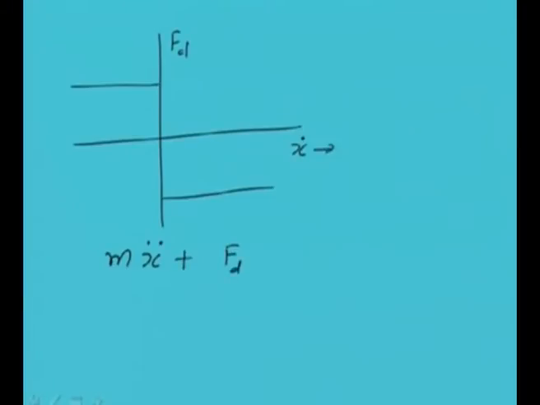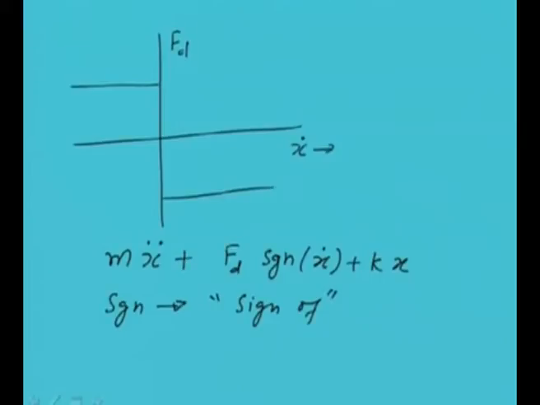This is the friction force, and I am defining one function, sign x dot plus kx. So you can see that sign x dot is a standard function which represents the sign of x dot.